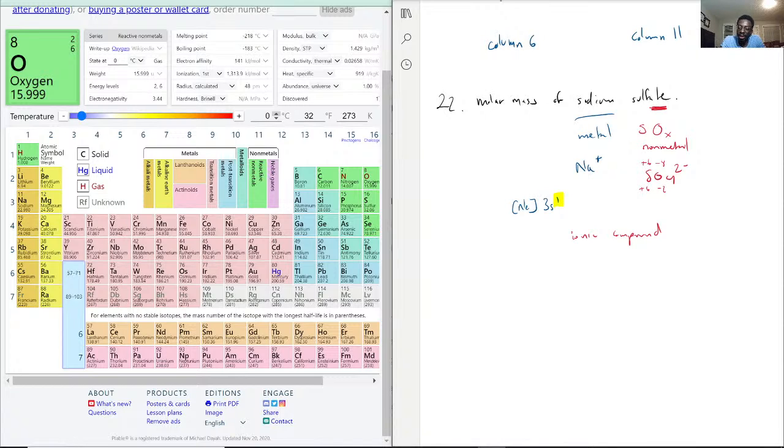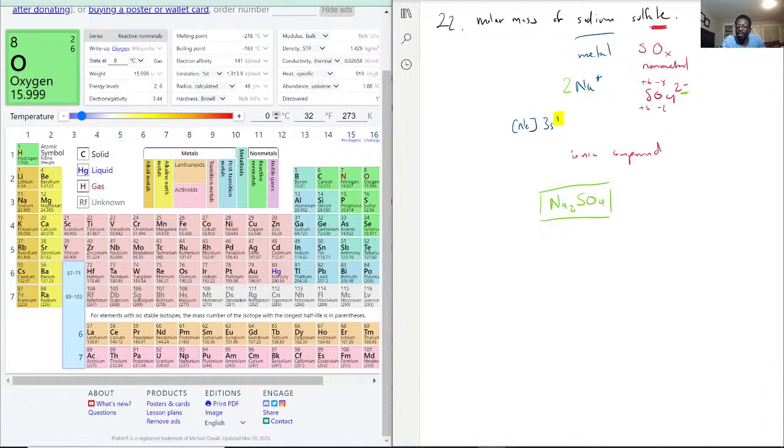So I guess it really does balance out. We have a 2- charge here though, so in order for this to balance out, we need 2 Na. So the actual compound, sodium sulfate, will be Na2SO4. This is sodium sulfate, okay?